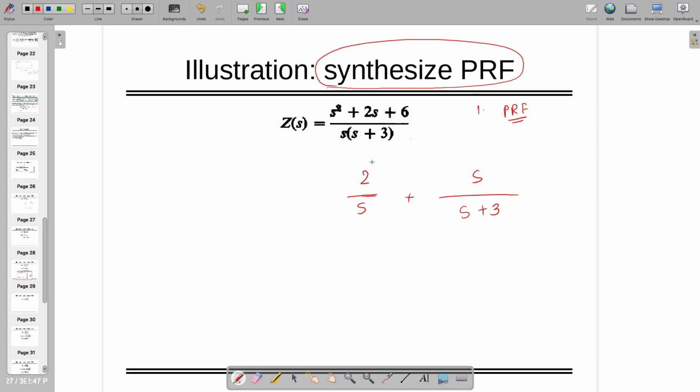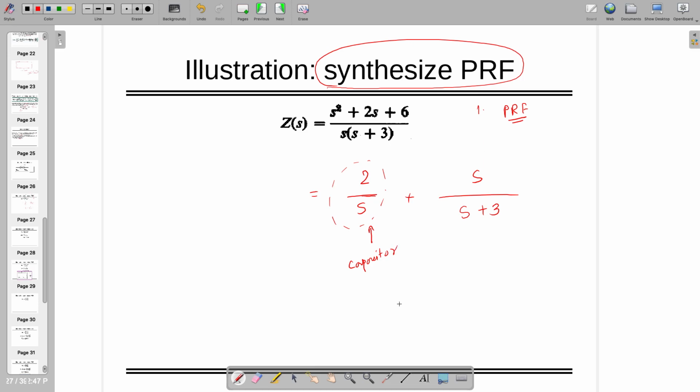Okay, so first one, no problem, right? Can you see the capacitor? Is there anybody who cannot see the capacitor here? There is a capacitor of 1 by 2 farad, right? So there is a capacitor, no problem. But this entry is difficult, right?